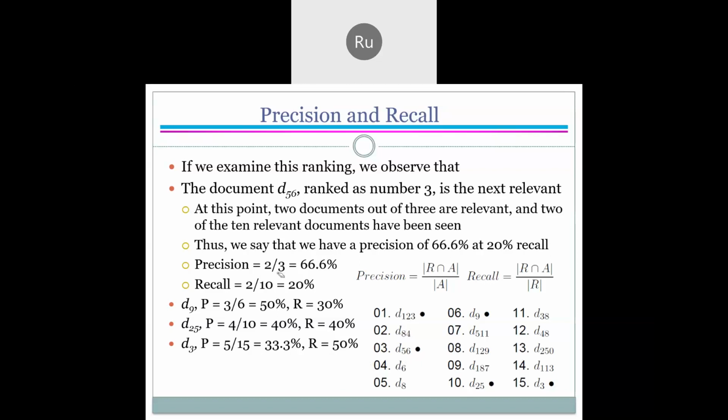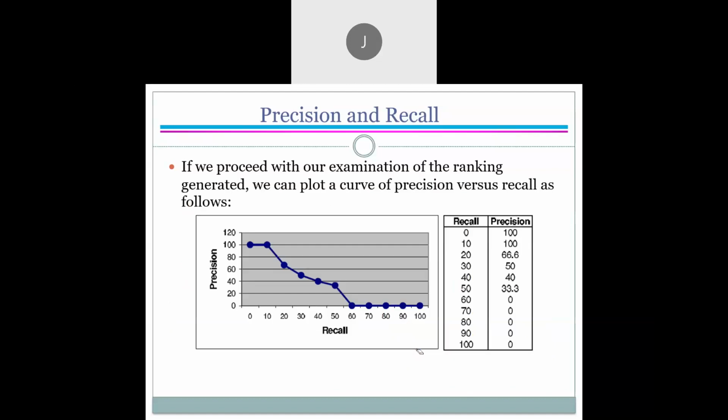So 2 over 3, and then recall is 2 over 10. Okay. So once we have this precision and recall for each of the relevant documents, then we can plot. So how do we plot our curve?